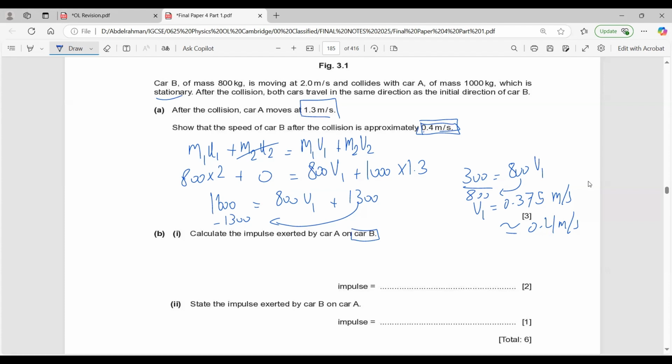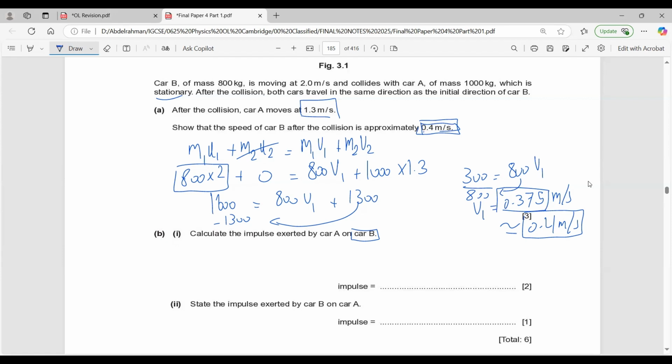Initially, car B had a velocity of 2. Finally, car B had a velocity of 0.4, or actually 0.375. Can you find the change in momentum? Yes, you can: mv minus mu.